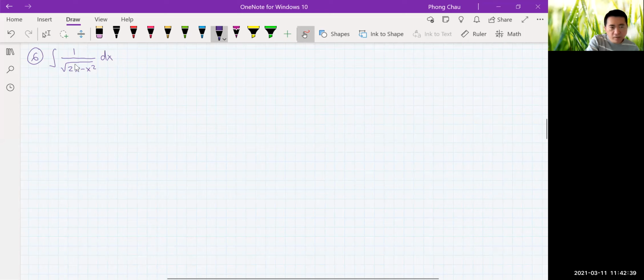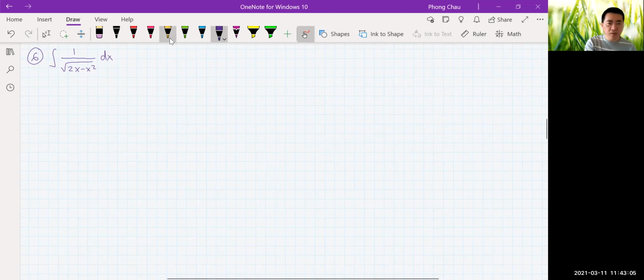You see that we have 1 over the square root of 2x minus x squared. Now this one is a bit harder. When you use a trig sub, we have 3 choices, but we often have a difference of squares or sum of squares inside the radical. This one doesn't have that form.